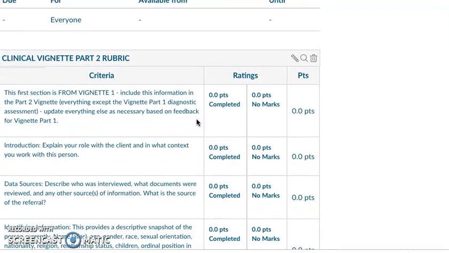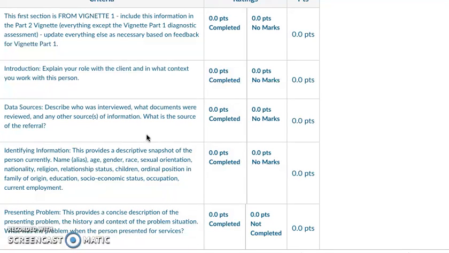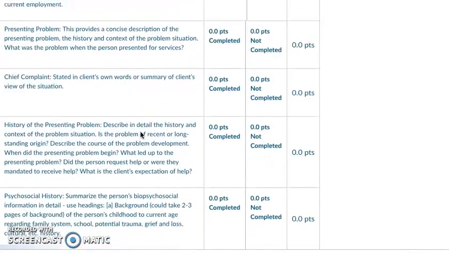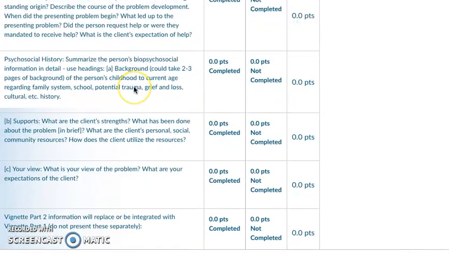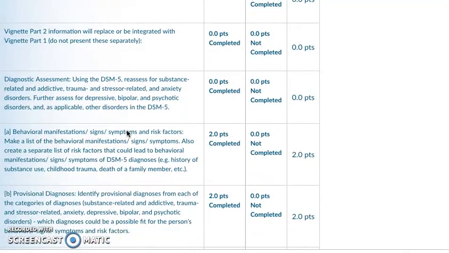If you scroll down into the vignette rubric, you'll see that for the first section from vignette 1, you're welcome to make edits if you'd like to update the information based on the feedback that I've given you, but it is essentially a copy and paste of the same information: the diagnostic information, the presenting problem information, the history of the problem, the psychological history of the problem, supports, etc. And then you're going to start your assessment.